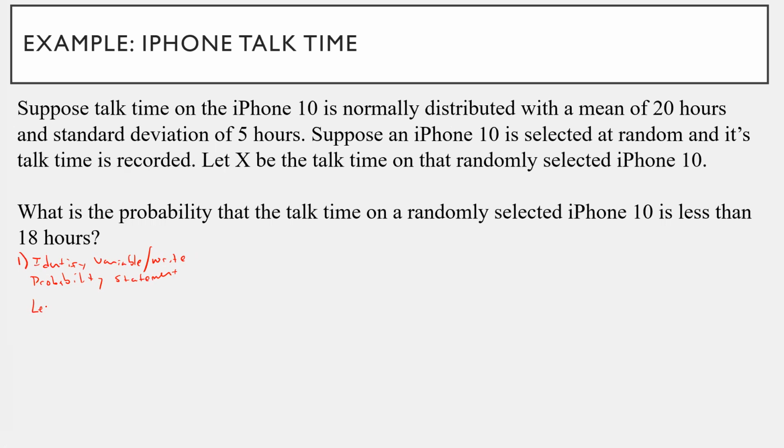All right, so here's what was going on. I'm going to let X be equal to the talk time on a random iPhone 10. Okay, that's identify the variable. And then the probability statement was, I want to find the probability that it's less than 18 hours. Okay.